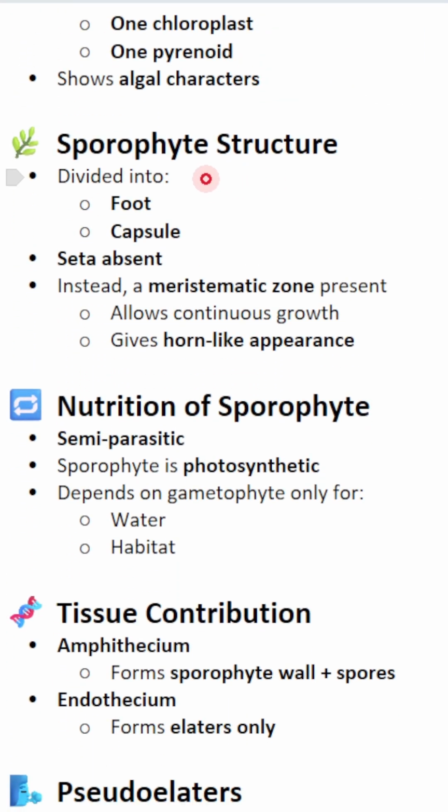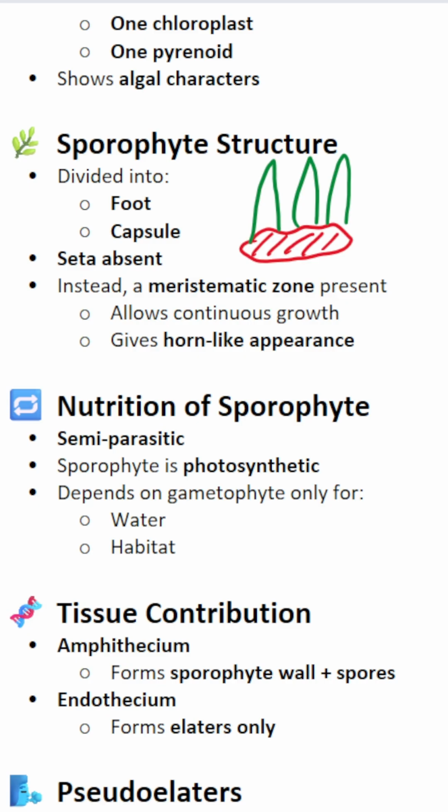Now let's move to the sporophytic structure. In hornworts we find only foot and capsule; there is no seta. This is the gametophytic plant and this is the sporophytic plant. The sporophyte has a foot for attachment, and the fertile part is the capsule. Hornworts are green, so they can also synthesize food.